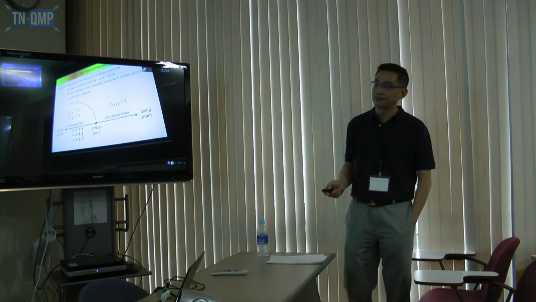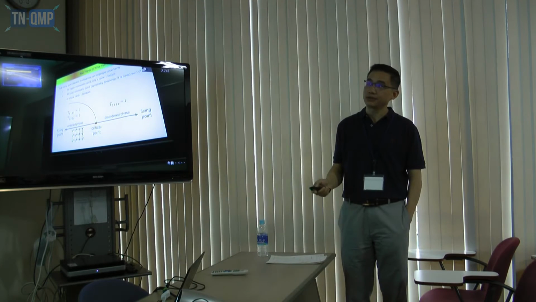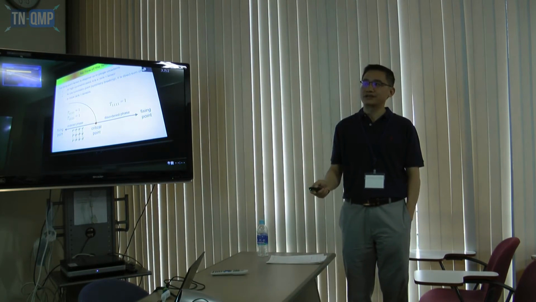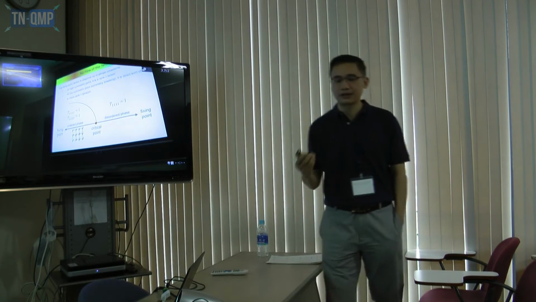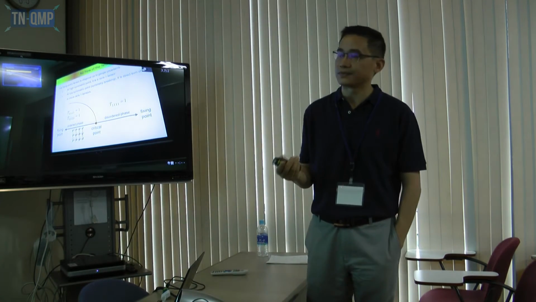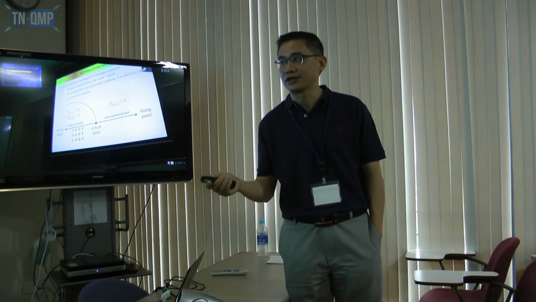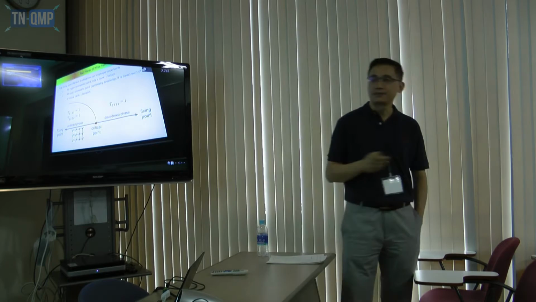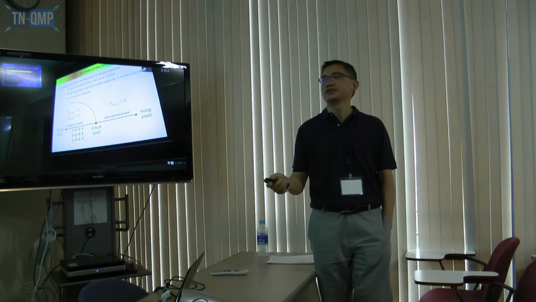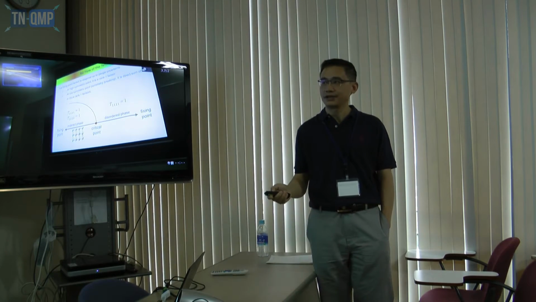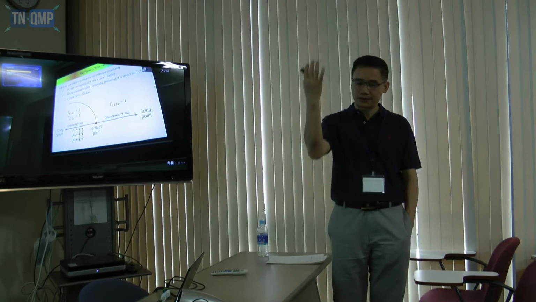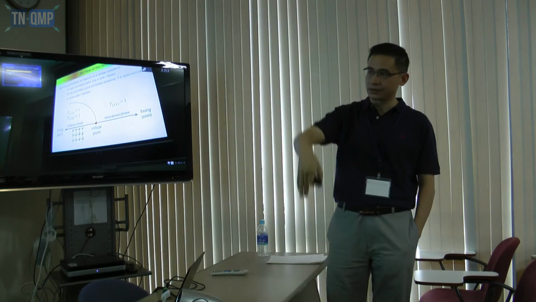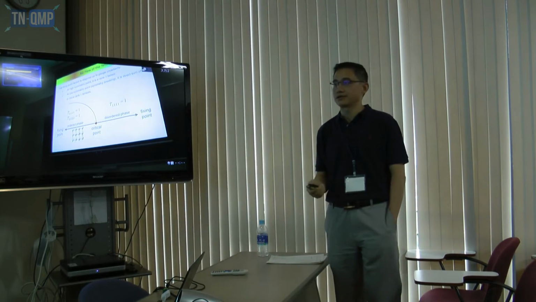For example, for this Ising model, if it's an ordered state, the convergent tensor has only two non-zero elements. This is actually a diagonal tensor. That's just because the ground state is doubly degenerate: there's a state with all spins up and a state with all spins down. So there are two kinds of ground state.